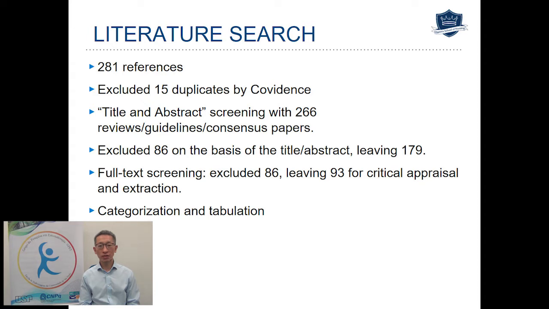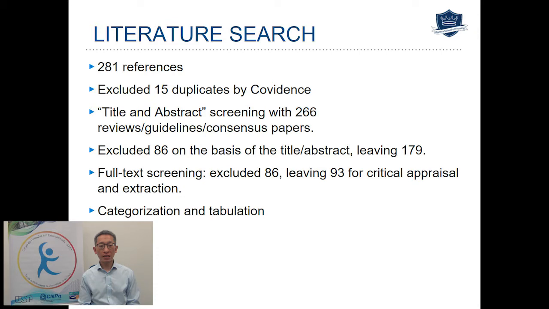We excluded 15 of them because they were duplicates. And we have about 4 to 5 graduate and undergraduate students working with us, at least 2 individuals at a time, to review and screen all the titles and abstracts. At the end, we excluded another 86 of the papers because they were not relevant and didn't quite fit the inclusion criteria. And some of the papers were just editorial and opinion papers, and they were not really good review papers.